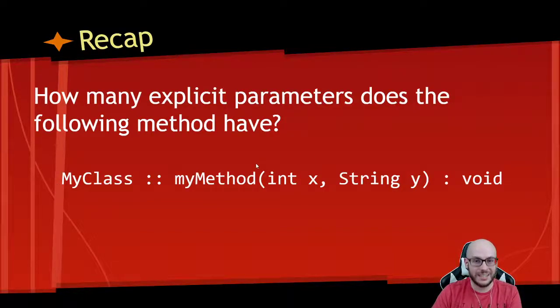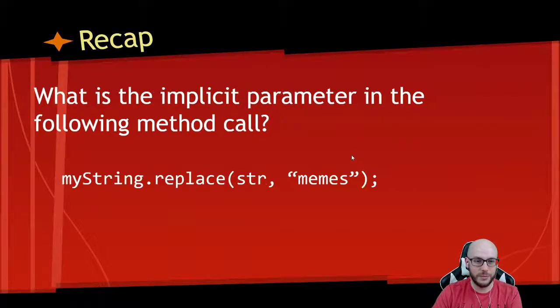This is an instance method. What it means is I will have to create a MyClass object in order to call myMethod. What this also means is in order to use myMethod, I will have 1 implicit parameter. That parameter's data type will be MyClass. The answer to our question, how many explicit parameters, is 2.